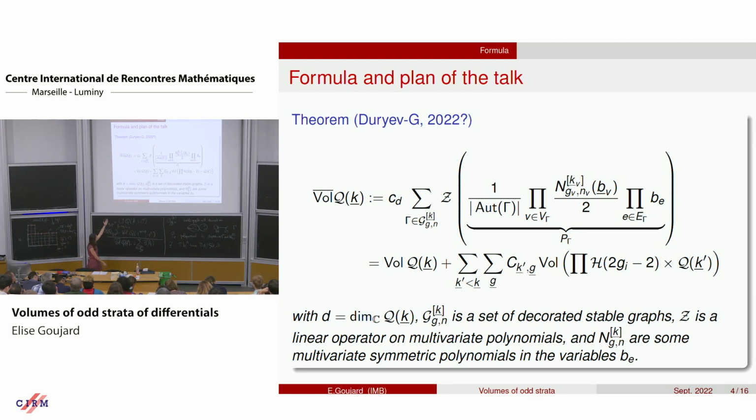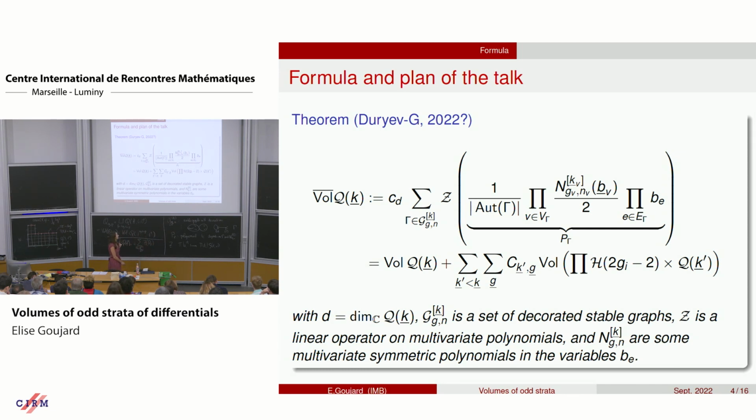So you see appearing a linear combination of volumes of basically boundary strata, so product of abelian strata, minimal abelian strata, and other odd quadratic stratum. And I will explain what are these coefficients. Basically, I didn't write all the conditions that you see in the sum, but what I ask is, first of all, that these strata make sense, okay?